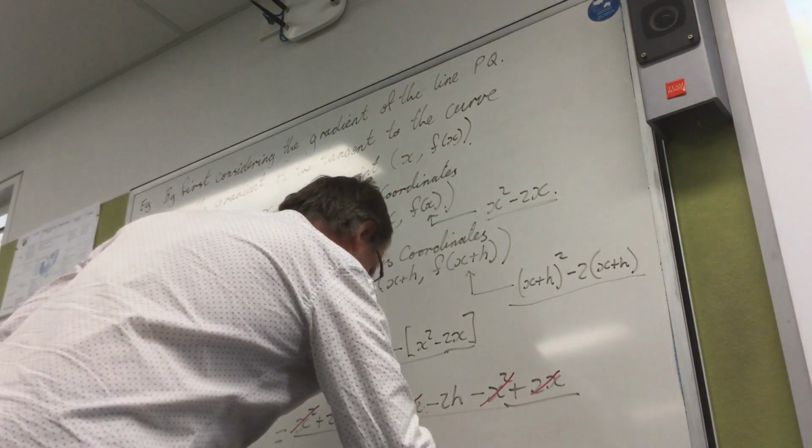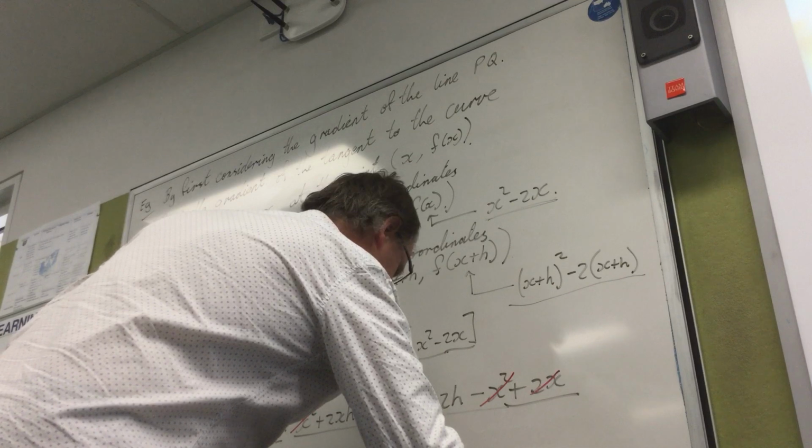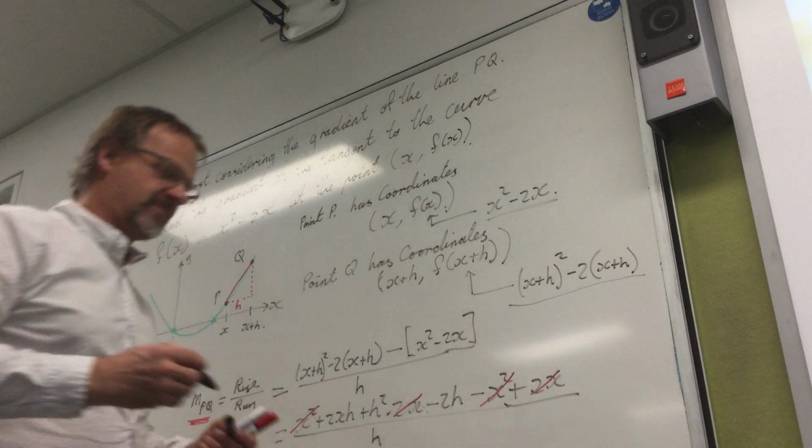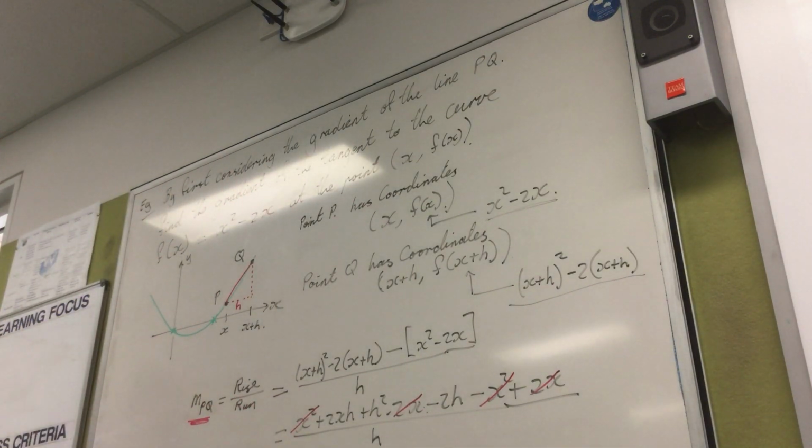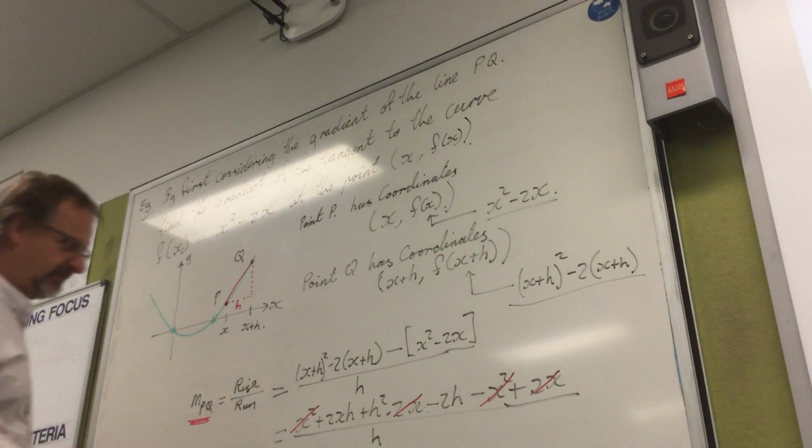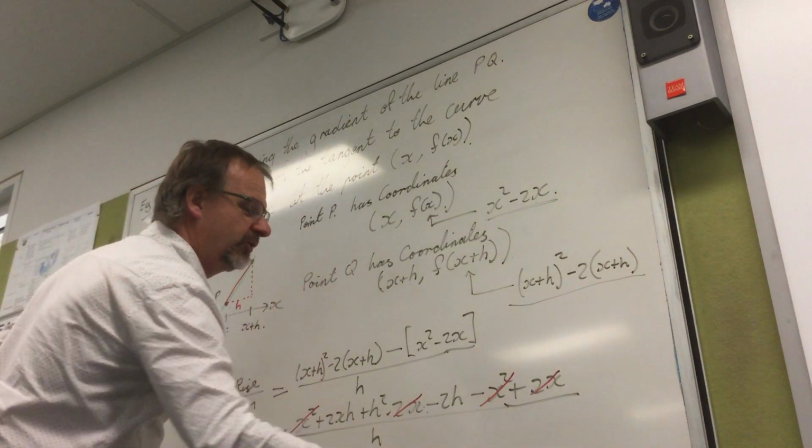That equals h plus 2x minus 2. A lot of mucking around there, just a bunch of algebra. Right, so first considering the gradient of the line PQ, this is our gradient of our line PQ.